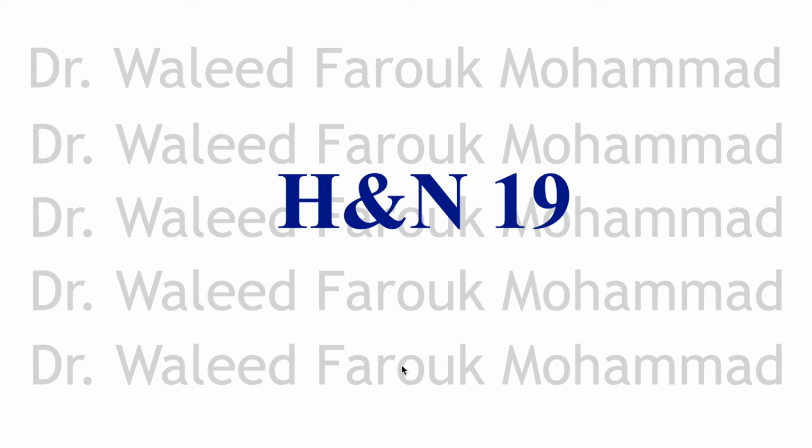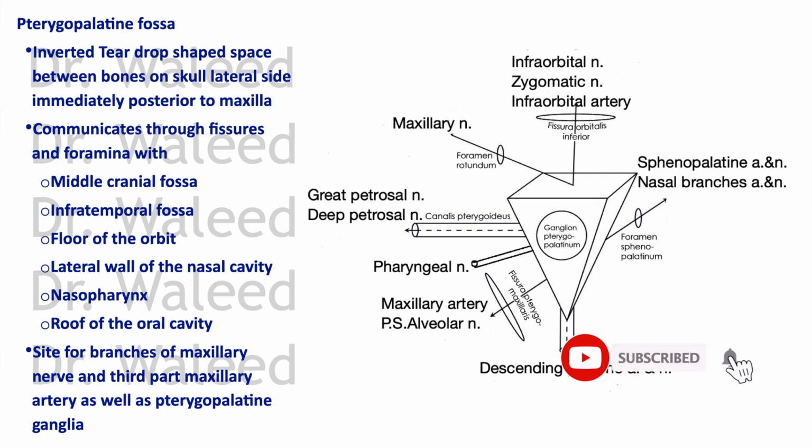So let's begin. It's a pyramidal shaped, or inverted pyramidal shape, or inverted teardrop shape space deep in the skull behind the maxilla, and it's in a very strategic position because it connects to many regions, like the oral cavity, the infratemporal fossa, the nasopharynx, the middle cranial fossa, the orbits, and the lateral wall of the nose.